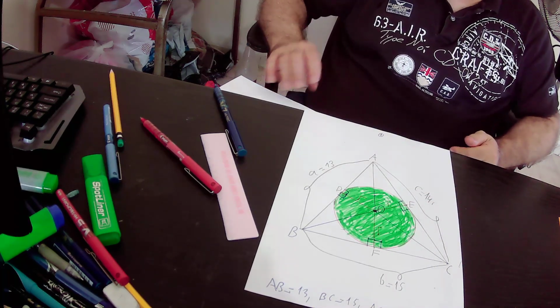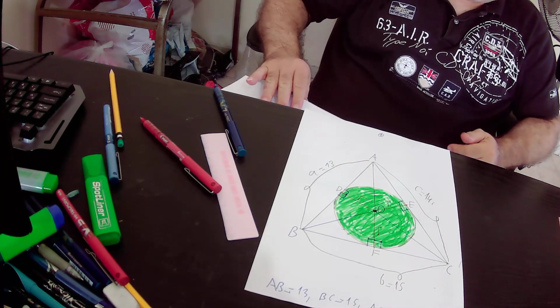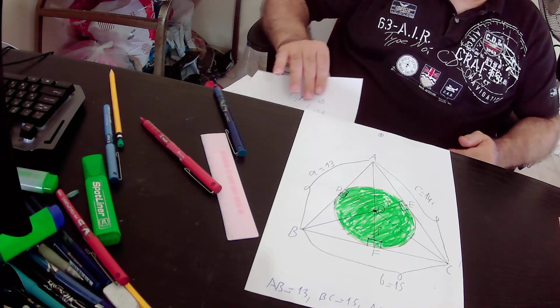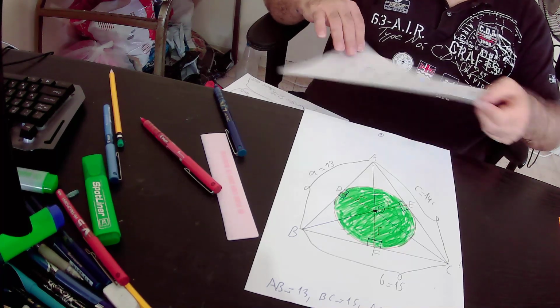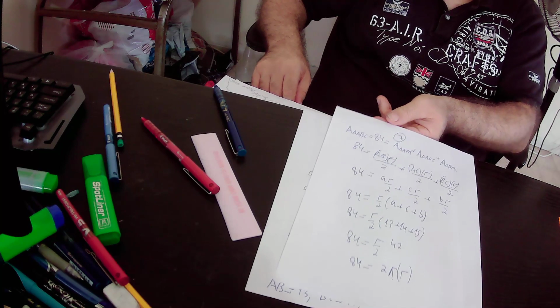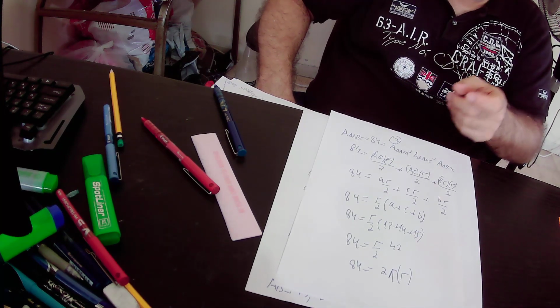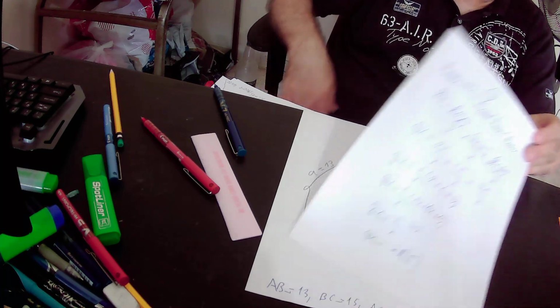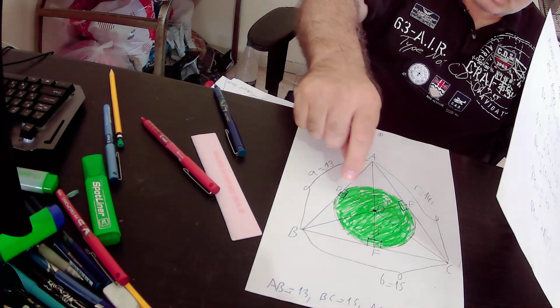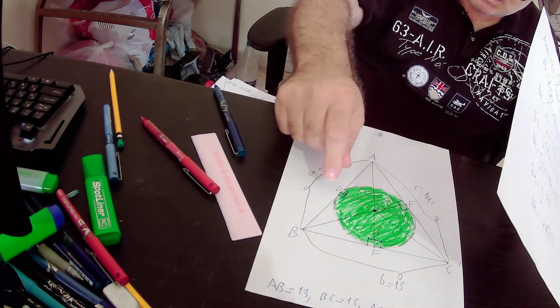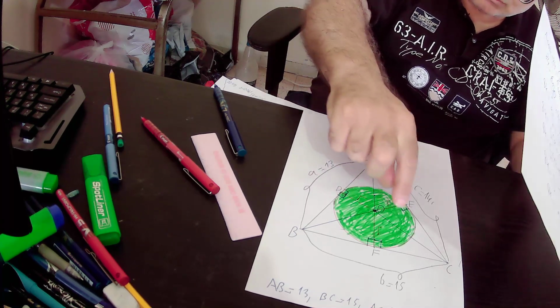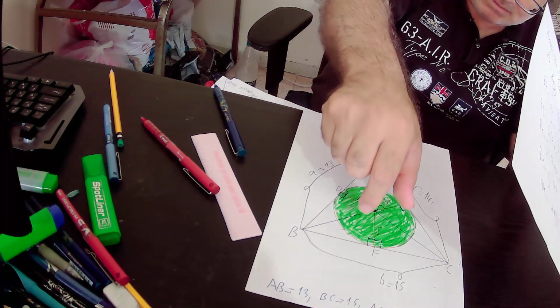Okay, and then we created the formula that states that the area of triangle ABC, 84 square units, equals the sum of the areas of the three small triangles: triangle AOB, triangle AOC plus triangle BOC.